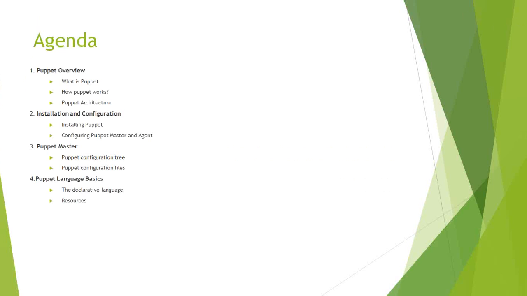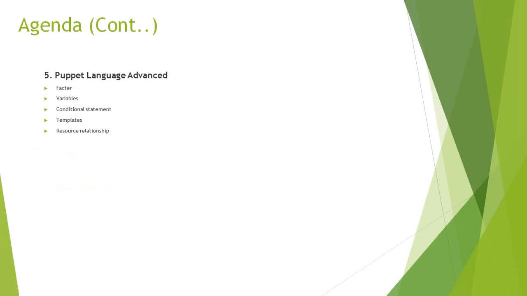Then the core part of Puppet is called a resource. So we are going to see some of the resources and their use cases. After that we have some advanced topics like facter, variables, conditional statements, templates, and some relationships we are going to see.